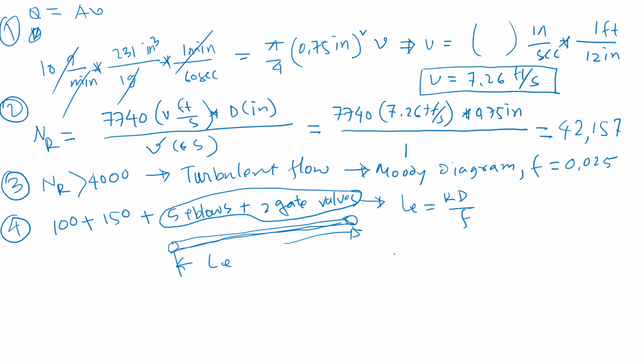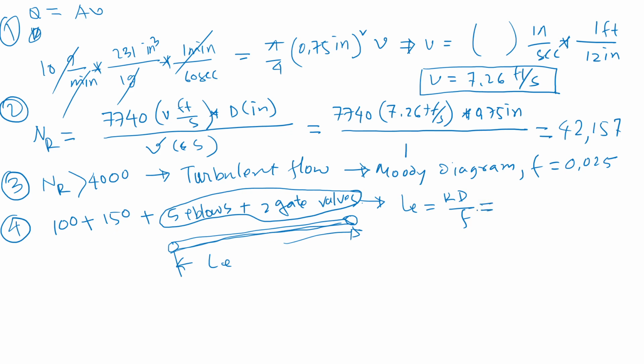Then you find the equivalent length, and you add this to the other 2 pipe lengths. One is within the house, 100 feet, and the garden hose is 150 feet.